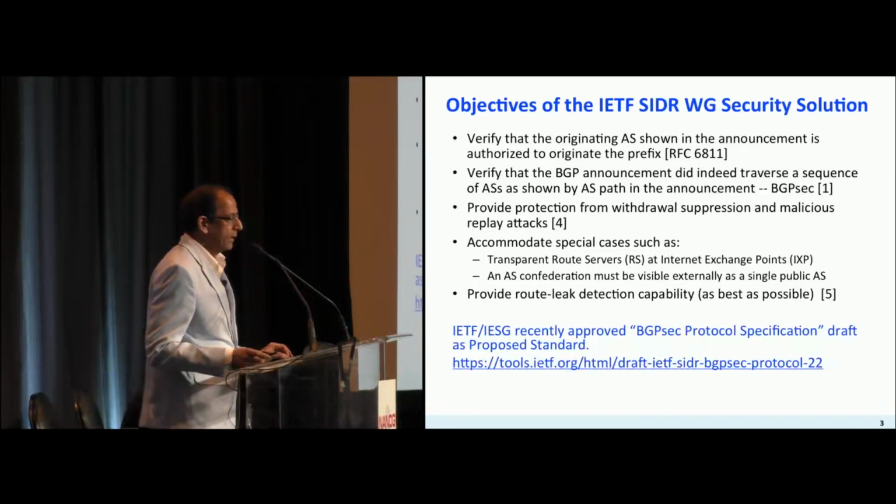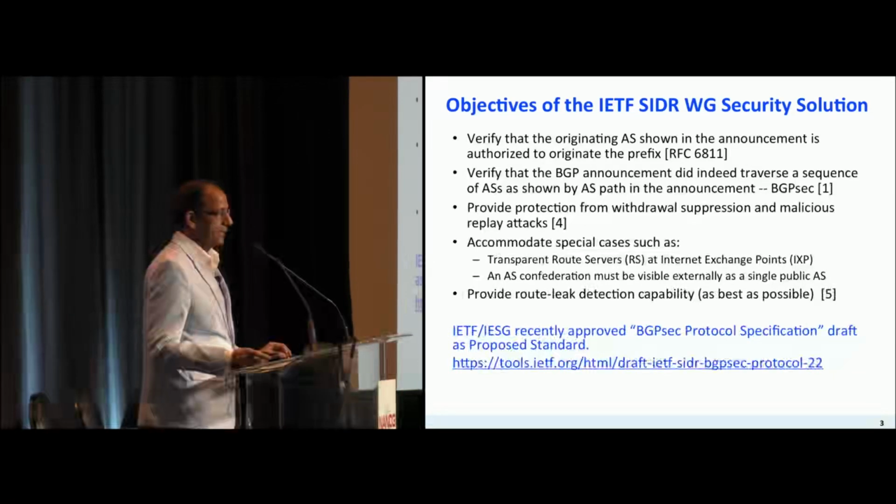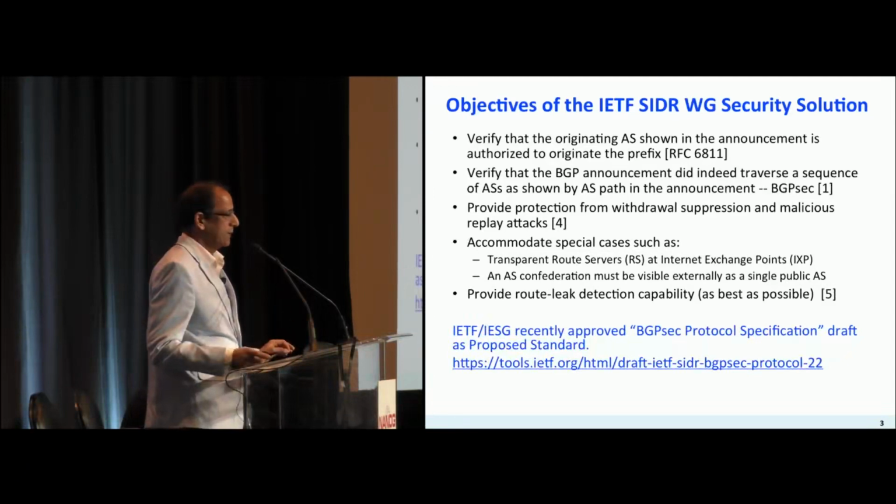And also, when you have a confederation, the confederation must be visible outside as a single public AS. External to the confederation, it should be visible as a single public AS. So those things are accommodated in the BGPsec specification, as well as multiple other things. Once you look into the draft, you will see.